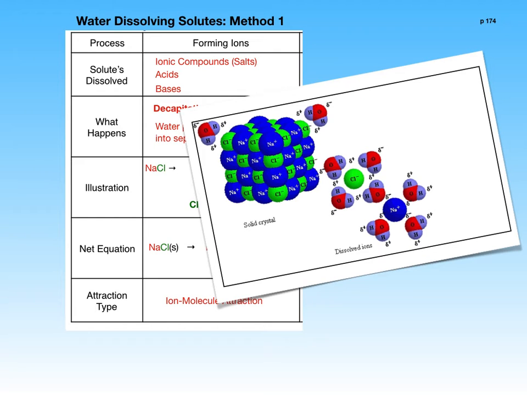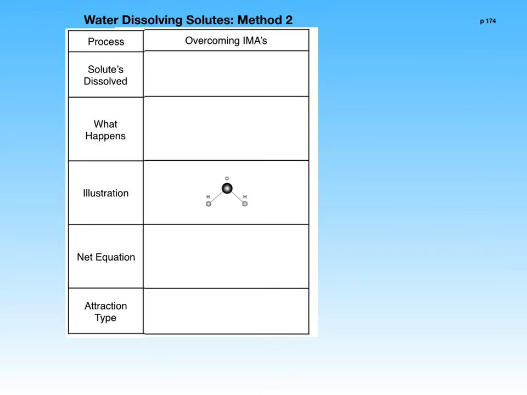Let's take a look at the second method that water uses to dissolve solutes. Water uses its second method by overcoming or overpowering the intermolecular attractions or forces between the solute particles. The solutes that water pulls into solution using method 2 are polar molecules like sugars or alcohols.